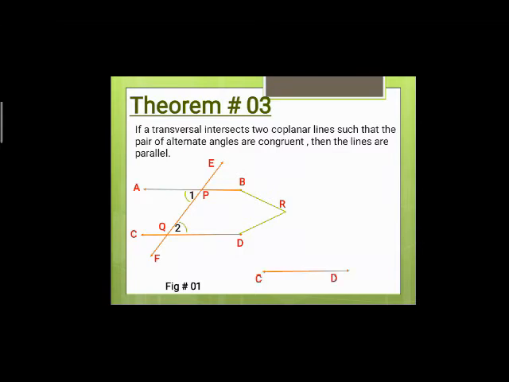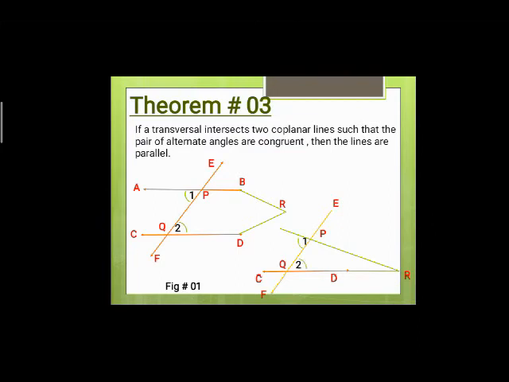So here we draw another diagram. The line segment CD is cut by another line, the transversal EF, and if we extend the CD line towards D, it meets the other line at two intersecting points P and Q and makes some angles, angle 1 and angle 2.